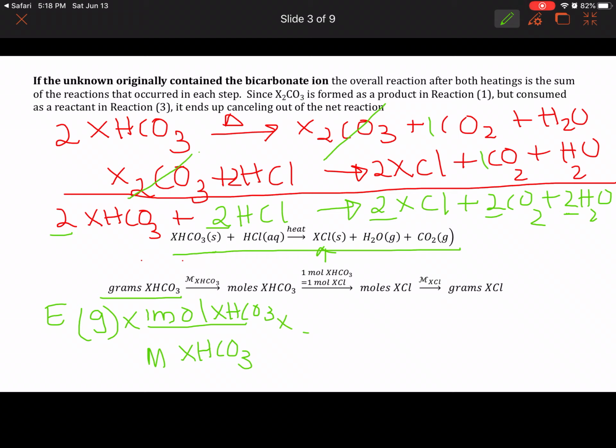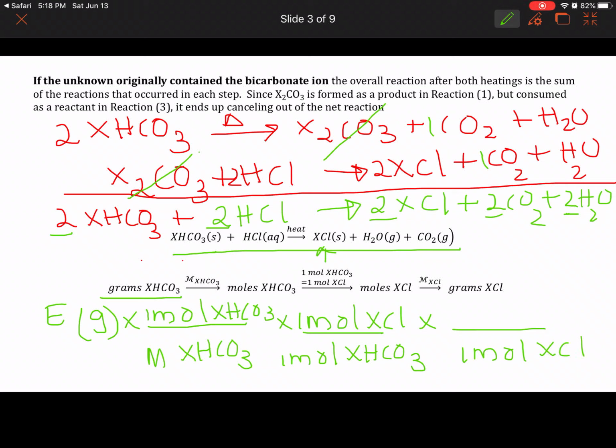And then you use the molar ratio, 1 mole of metal hydrogen carbonate gives you 1 mole of XCl, molar ratio 1 to 1, and then 1 mole of XCl would be the molar mass of XCl in grams.